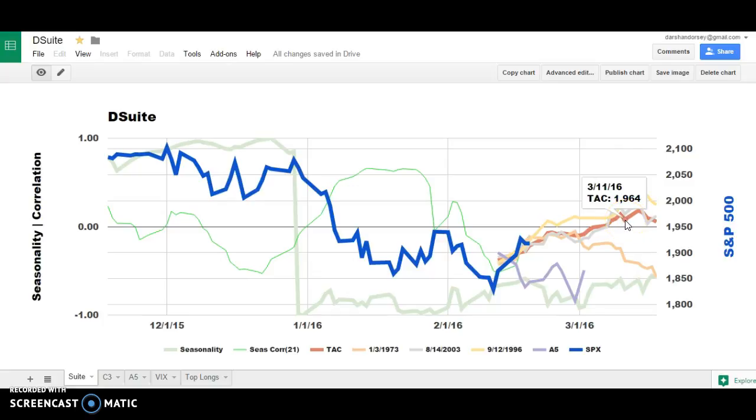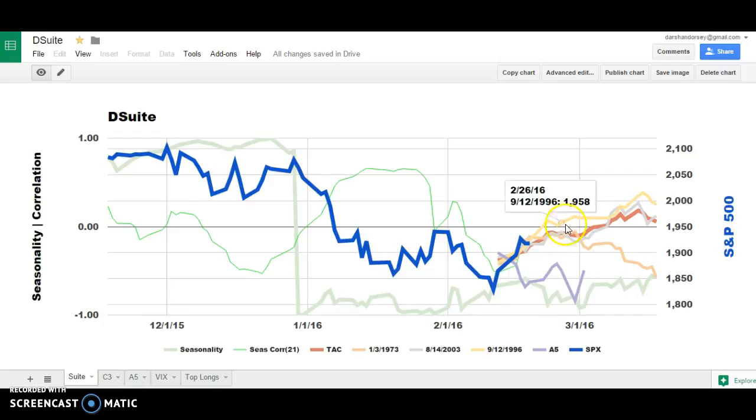And then in bold red here, we have the top analog or temporal analog composite, the TAC. This is a rank weighted average of those top 3 composites plus A5 here, which is our more short-term tactical swing trading system, which is looking much more bearish right now, but we'll get into that in a little bit.